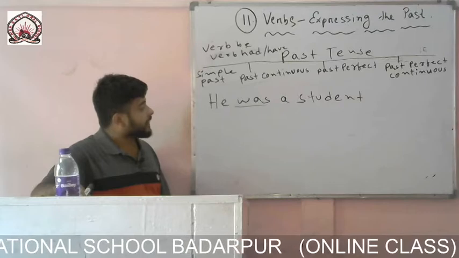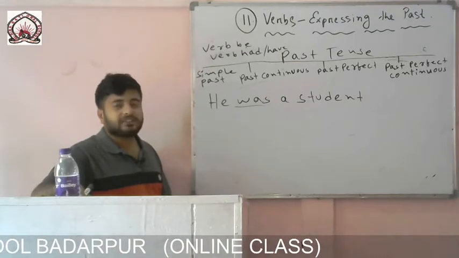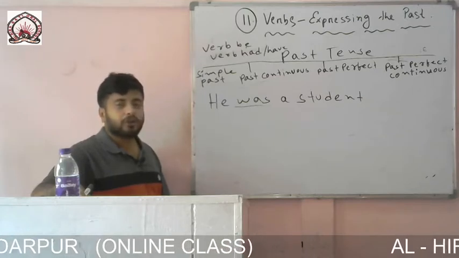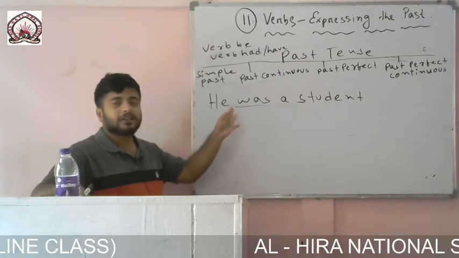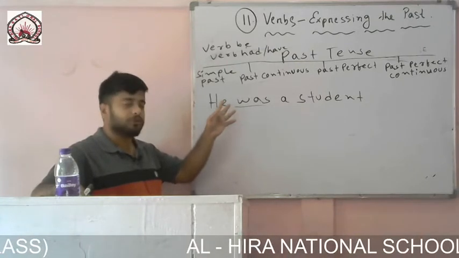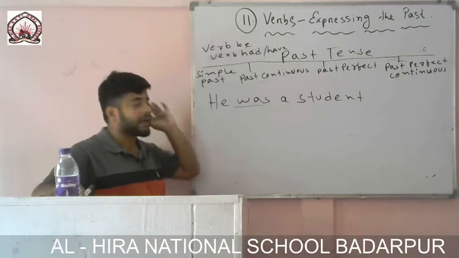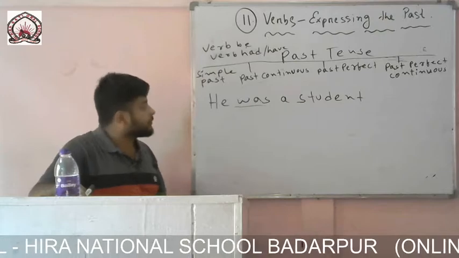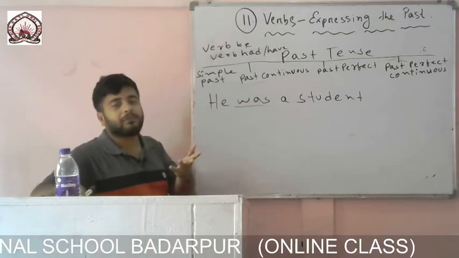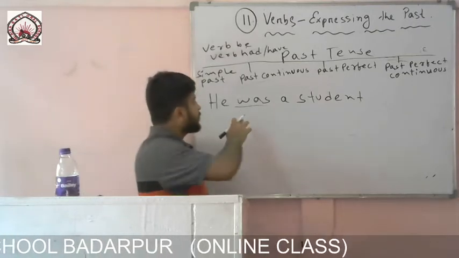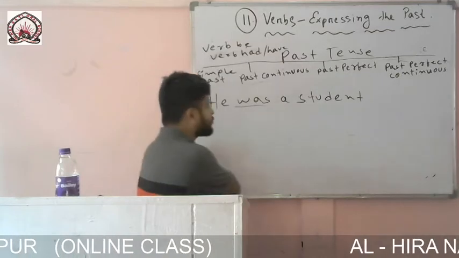As I said earlier, in simple past we will get sentences where we get the second form of the verb, and in some sentences we will not get the second form of the verb. In place of it, we will get was or were or verb had. Understood or not?